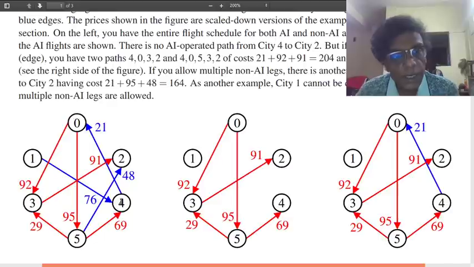Okay, fine. So, in that character array, if it is a red edge, you store, let's say, A, standing for AI. If it is a blue edge, store N, standing for non-AI. If there is no direct connection from, let's say, 0 to 1, store something like minus, non-existent.